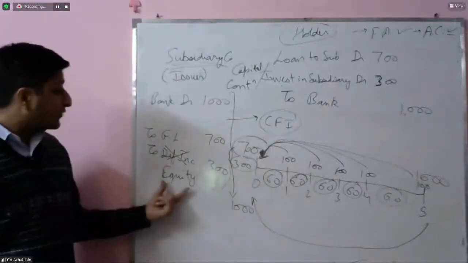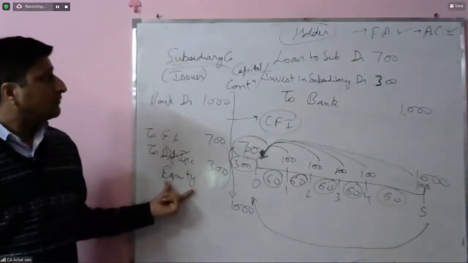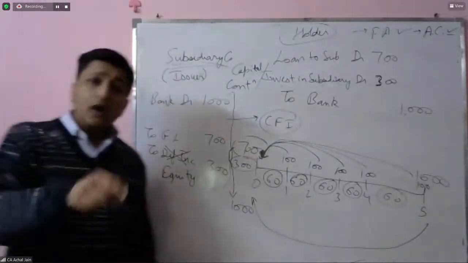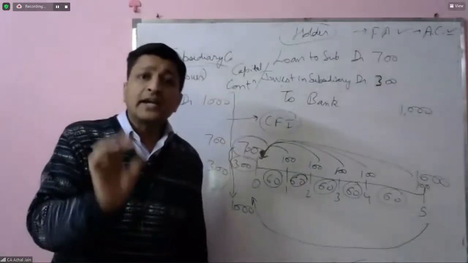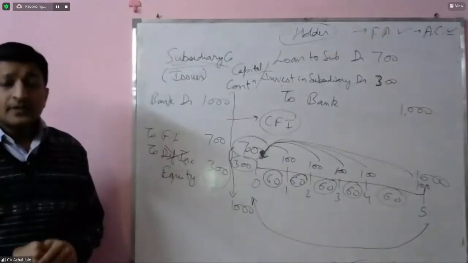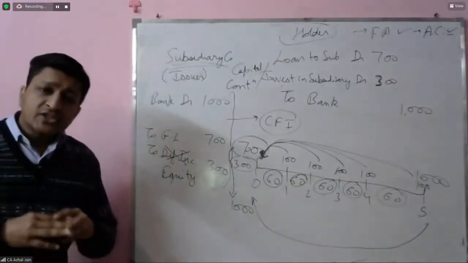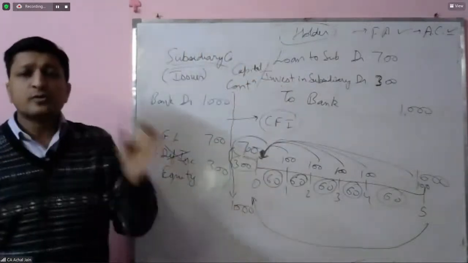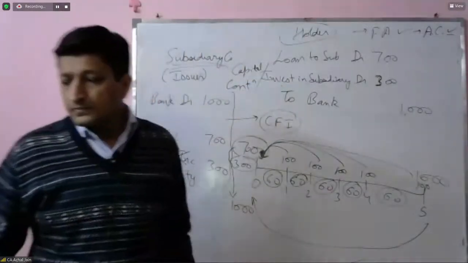Under Indian GAAP, you would not have recorded this amount. Under Indian GAAP, you would not have recorded this investment or equity. Now under Ind AS, these items are getting recorded. That's why accounting has changed significantly in respect of some of these type of instruments under Ind AS.